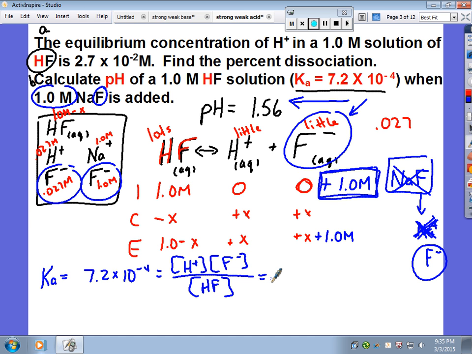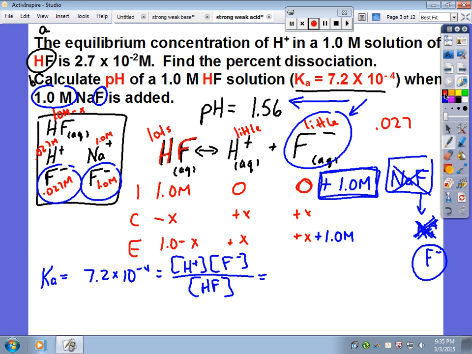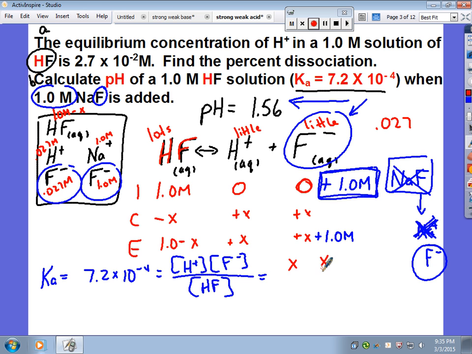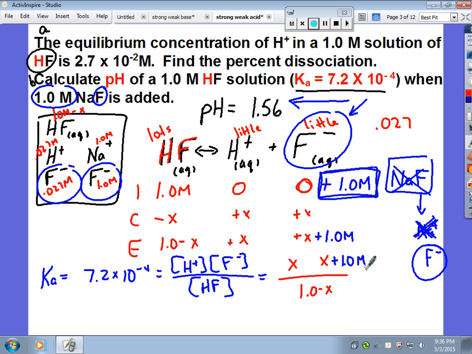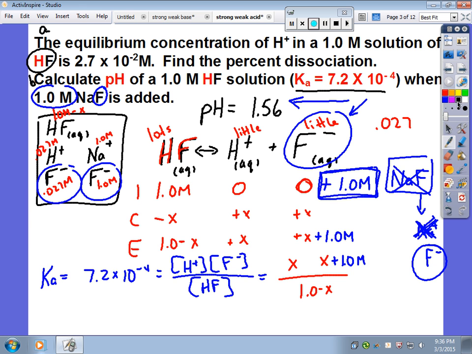I have X for my hydrogen ion. I have X for my F minus. And I have 1.0 minus X for my HF, don't I? What do I have for my sodium fluoride? I have 1.0 molar from this, for my sodium fluoride.